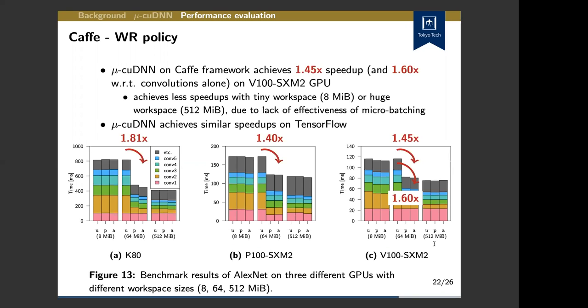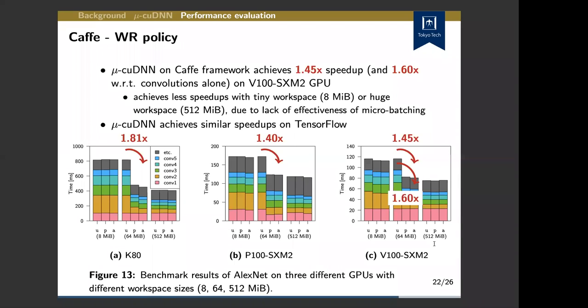And if a huge workspace is available, cuDNN can just use efficient convolution algorithms like FFT or Winograd without dividing the minibatch. So in that case, we don't have to use microcuDNN.